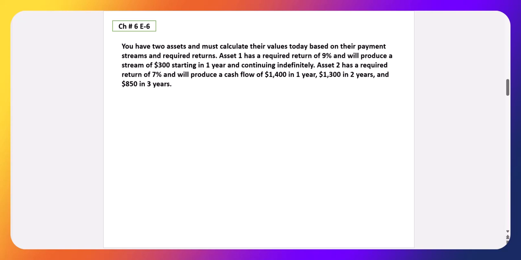This is an example of a perpetuity we studied in the last chapter. Asset 2 has a required return of 7% and will produce a cash flow in the first year of $1,400, in the second year of $1,300, in the third year of $850. Let's find the present value of both assets.